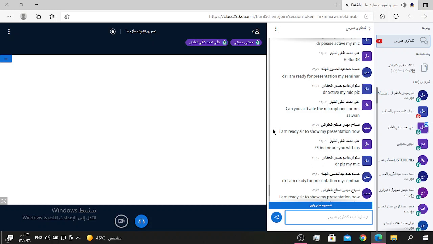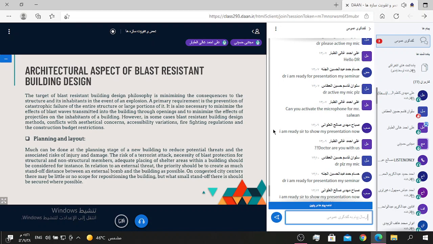Architectural aspect of blast-resistant building design. The target of blast-resistant building design philosophy is minimizing the consequences to the structure and its inhabitants in the event of an explosion. A primary requirement is the prevention of catastrophic failure of the entire structure or a large portion of it.